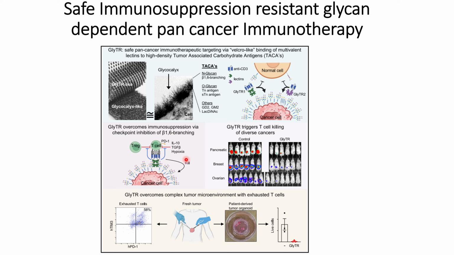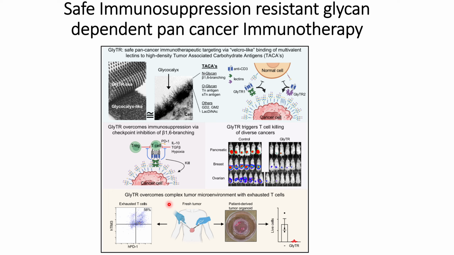When they checked their GlyTR on diverse cancers in the mouse model, they were able to see that in the case where GlyTR is used, the tumor is significantly suppressed compared to its control. Thereafter, they also checked patient samples to confirm that this GlyTR overcomes the tumor microenvironment even with exhausted T cells.